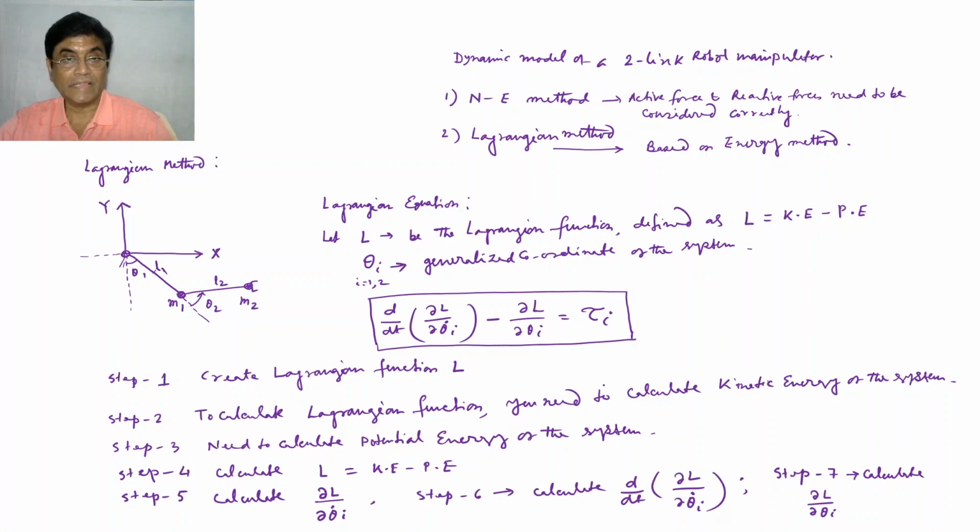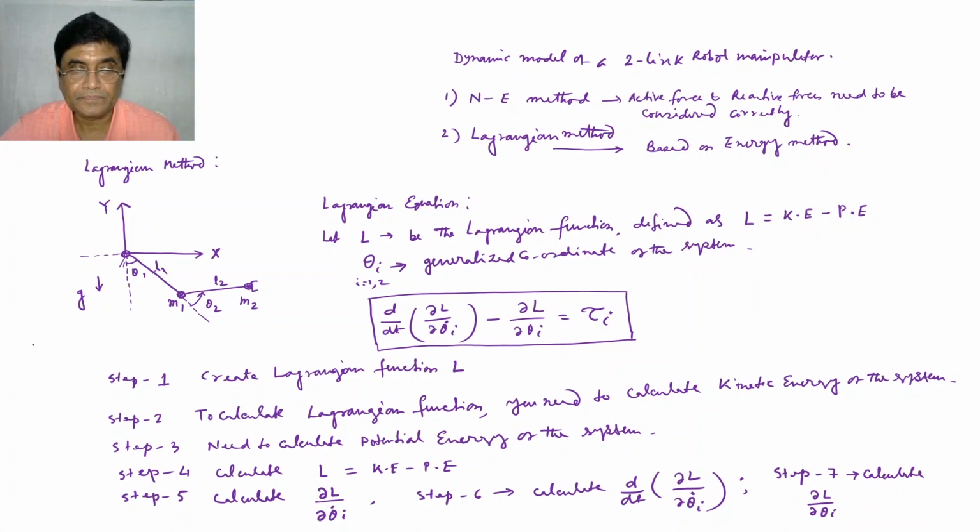So we'll do that. Now, first I need to calculate. That's why I have drawn this two-link manipulator in this peculiar form, not like this. This way you can also do it, but this is more convenient and it will make my computation a little bit simpler. Here gravity force will come into the picture. Gravity's direction is the negative y-axis direction.